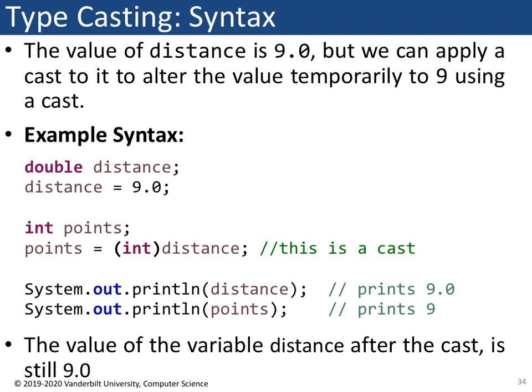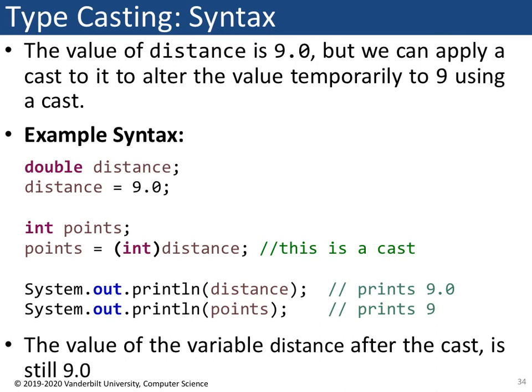So the way you go about that would be declaring the variable, assigning the double literal value 9.0 to the variable distance, then declaring the integer variable points, and then in the assignment statement, to assign the value to points, we're going to put in parentheses int in front of distance.